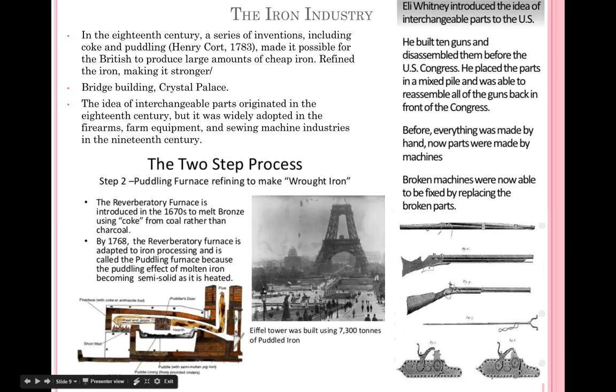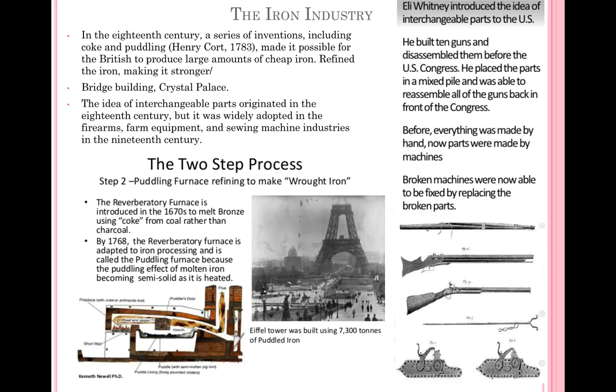The iron industry. Iron had been in Eurasia and Africa for thousands of years, but iron production was associated with deforestation, that increased the price of charcoal and thus reduced the output of iron. Limited wood supplies and the high cost of skilled labor made iron a rare and valuable metal outside of China before the 18th century.